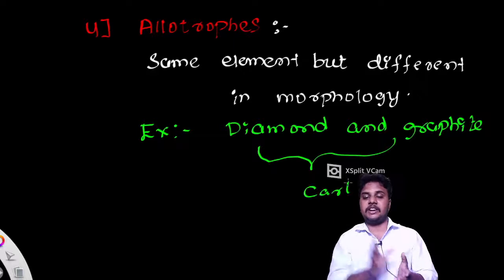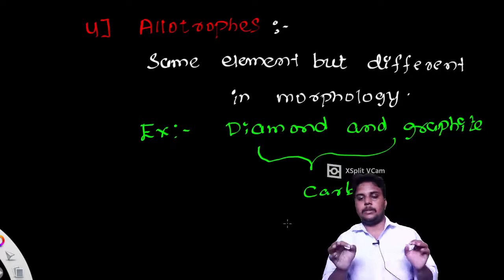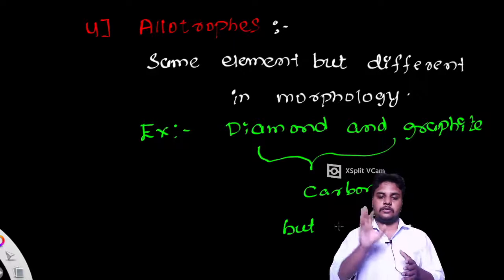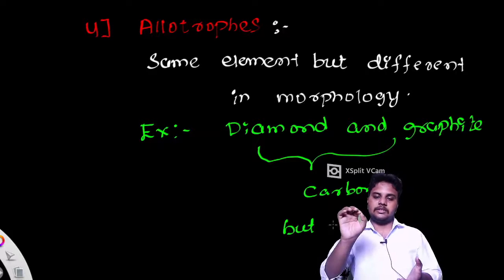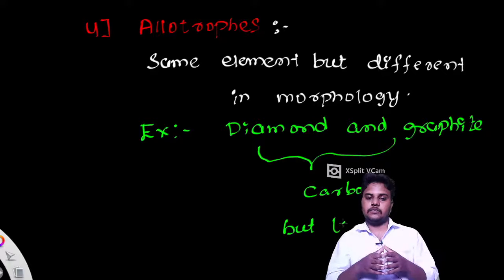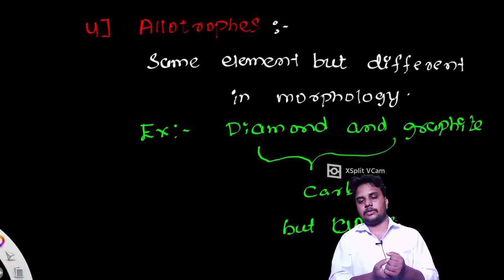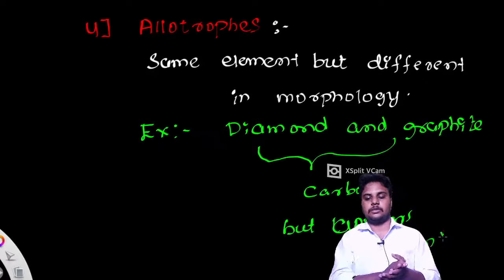But the similarity is that the same type of element is present in both of them. So both have the same element but differ in their physical appearance, or in their properties, due to the allotropic forms. This we studied in this section.